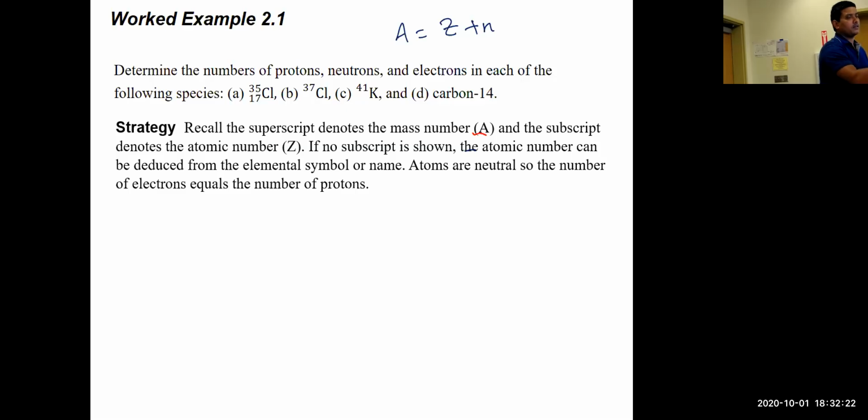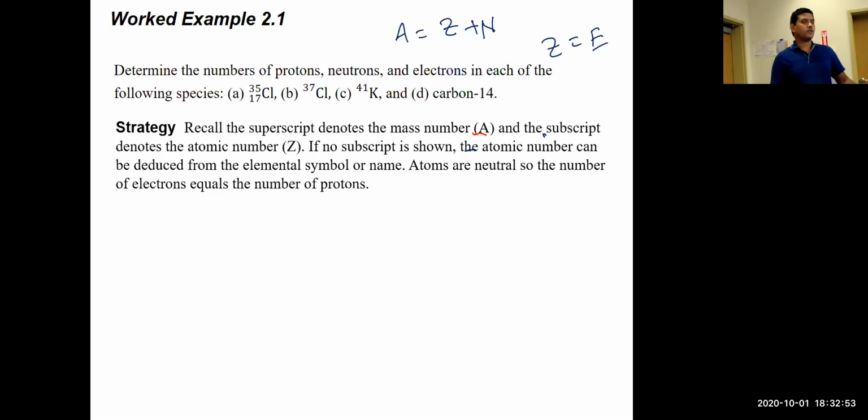Let's call it capital N. We don't typically label neutrons as capital N, but just for the simplicity of this problem, let's label it that way. Because we already know that for a neutral element, number of protons is equal to number of electrons, you can say that Z is equal to number of electrons. You are simply going to use those two formulas.